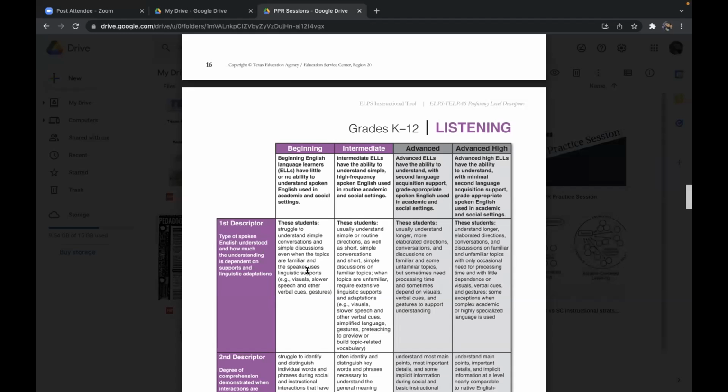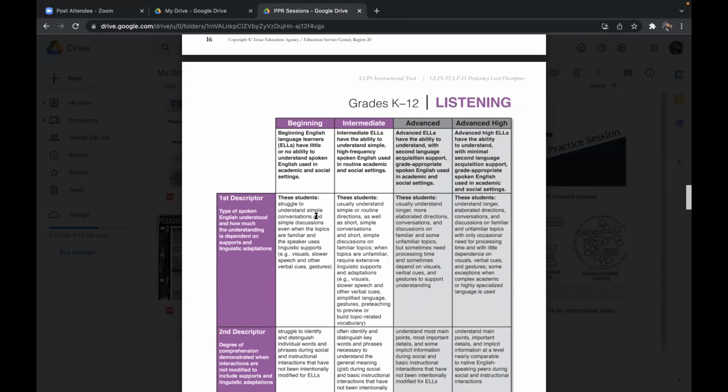So I can talk to them, and if they look at me and stay quiet and just blink, I can guess based on that they're beginners, because they struggle to understand simple conversations. So anybody K through 12, difficulty understanding simple conversations in English, they're going to be that first descriptor.